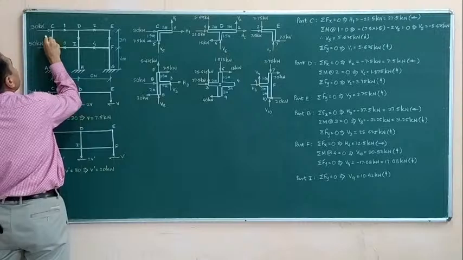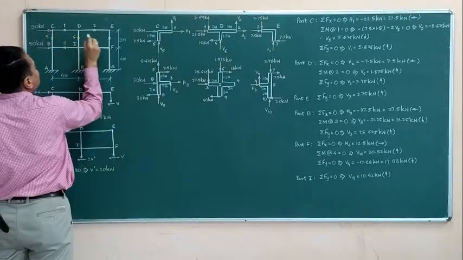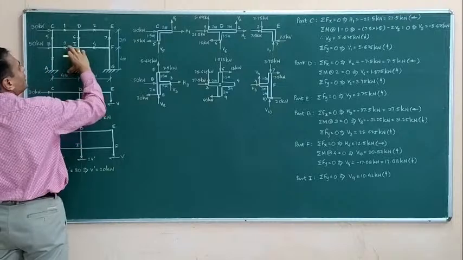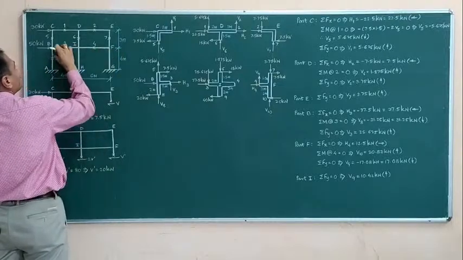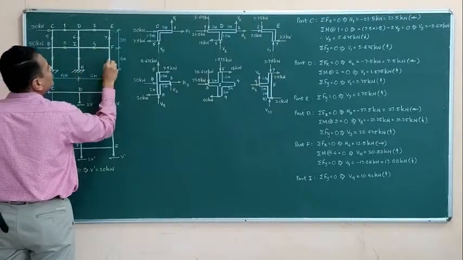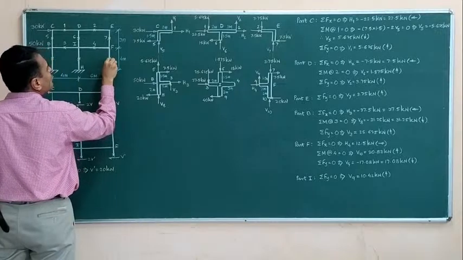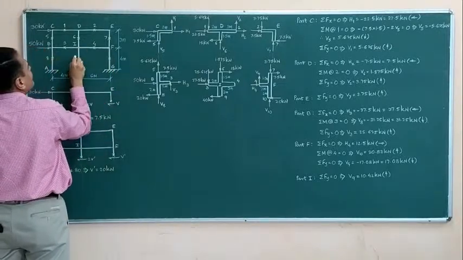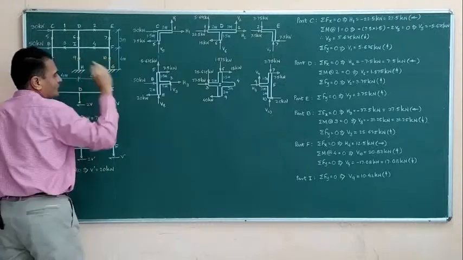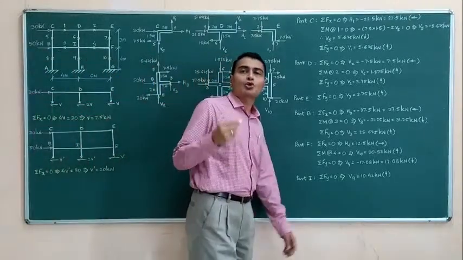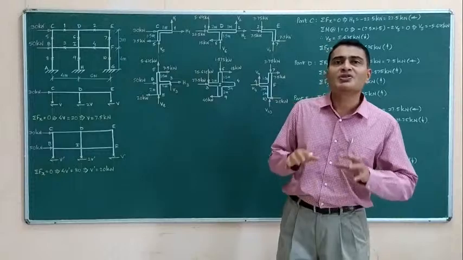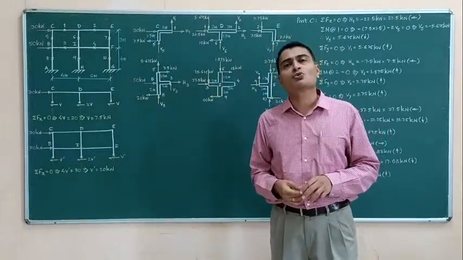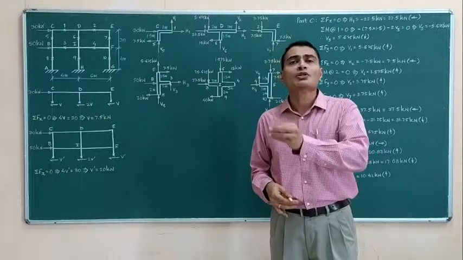Let me number these as 5, 6, 7, and then for the entire height of 4 meters, at 2 meters and 2 meters, 3 more points of contraflexure, one in each column. So let's say they are 8, 9 and 10. So for joints we are using ABCD alphabets, and for points of contraflexure we are using 1, 2, 3, 4 up to number 10.